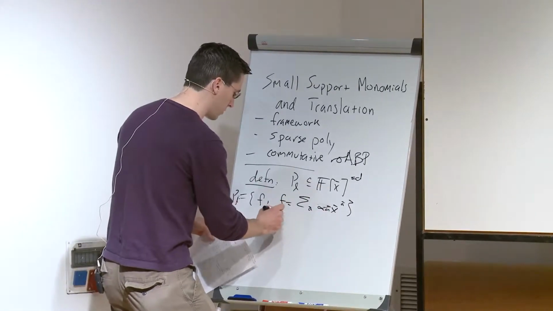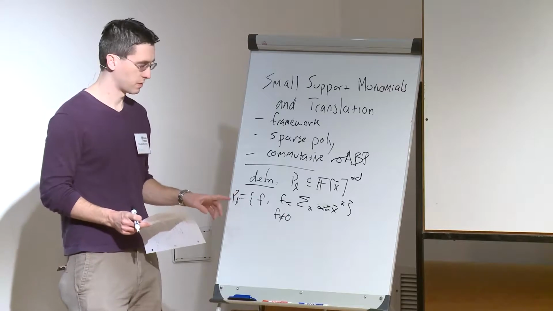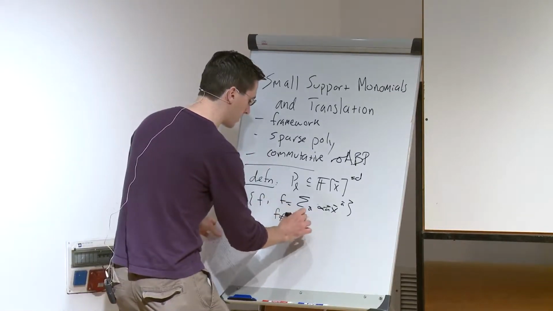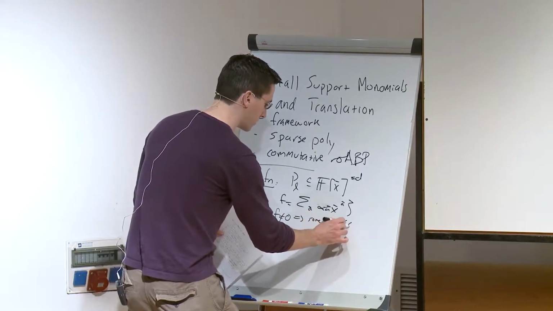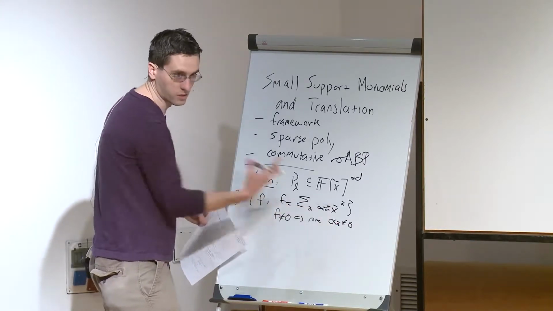So it's going to be a set of polynomials such that if f is non-zero, so there's the zero polynomial in P sub L, but there are non-zero ones, and if it's non-zero, then this implies that there's some coefficient which is non-zero, where the monomial associated with this coefficient is special.